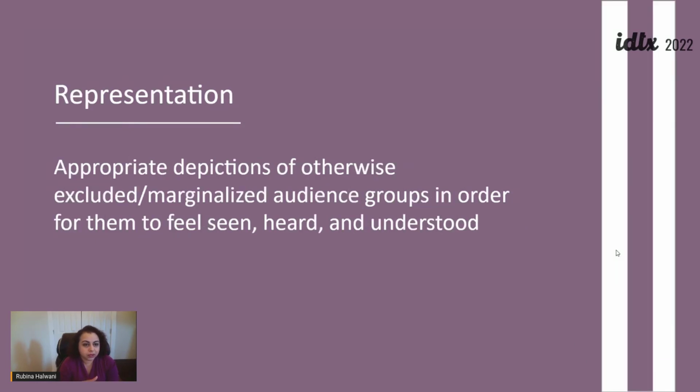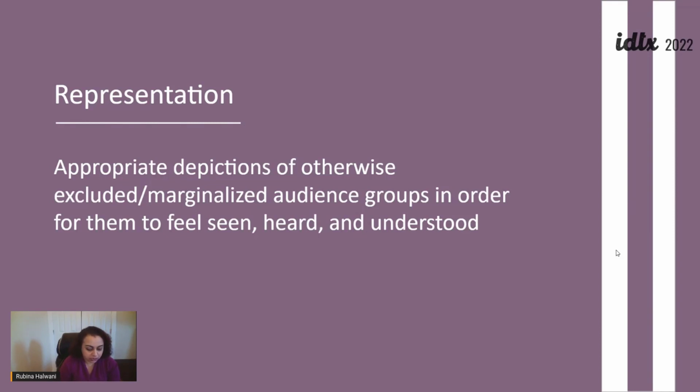So when we're talking about inclusive design, we want to keep in mind representation and what that means. I looked up a lot of different websites for definitions, trying to find an applicable definition for representation as it should be interpreted today for the social landscape that we're in right now.